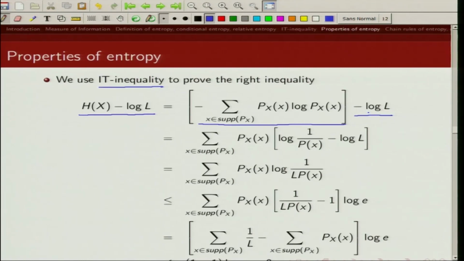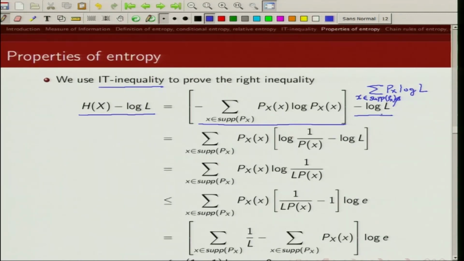Now minus log of L can be written as summation over p of x times log of L, because summation of p of x should add up to 1, so I can write this term like this, and of course x is defined over the support set of p of x.